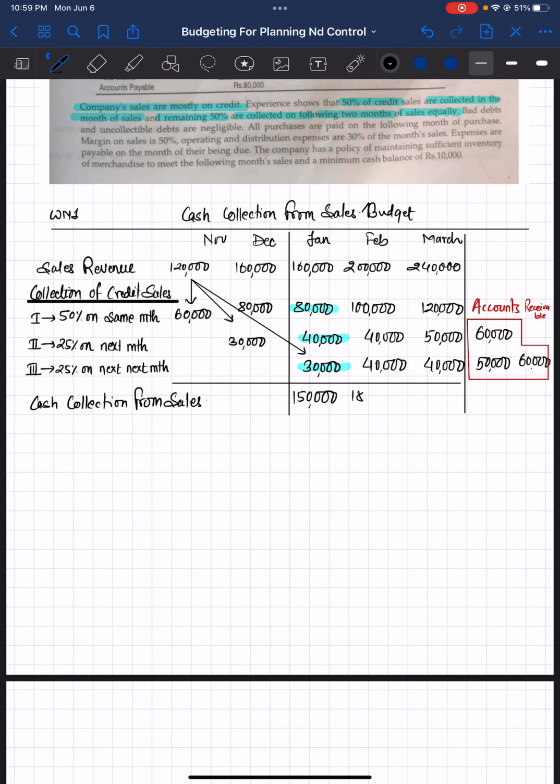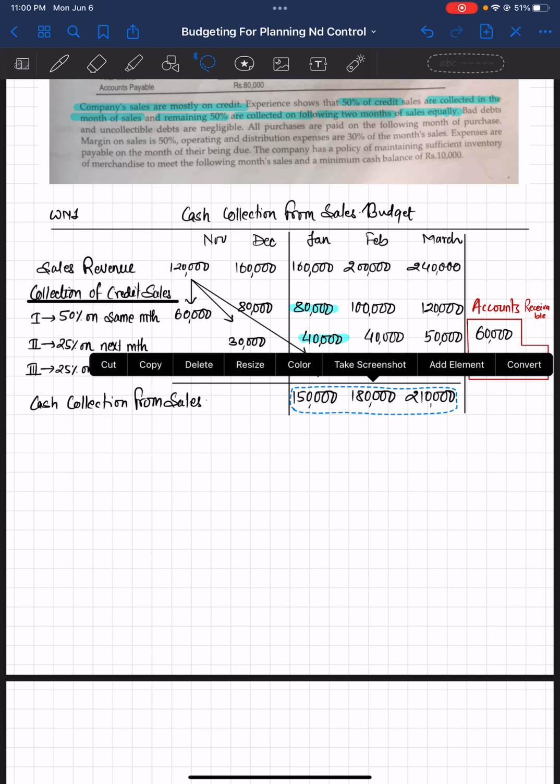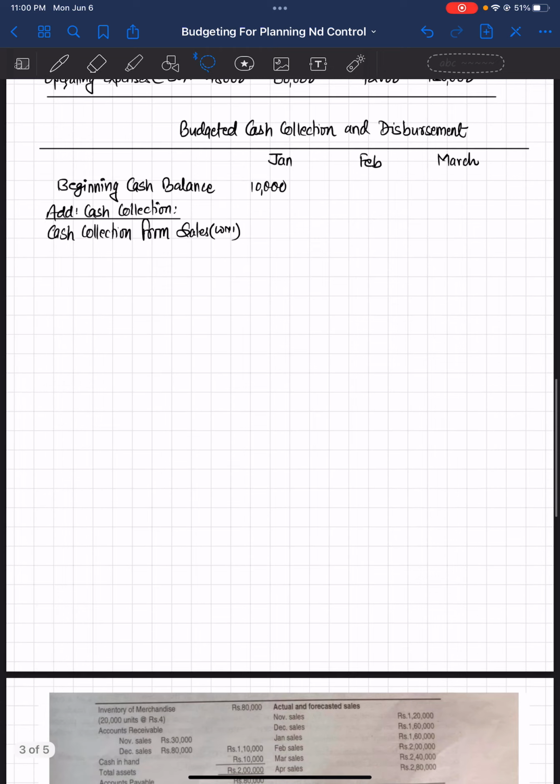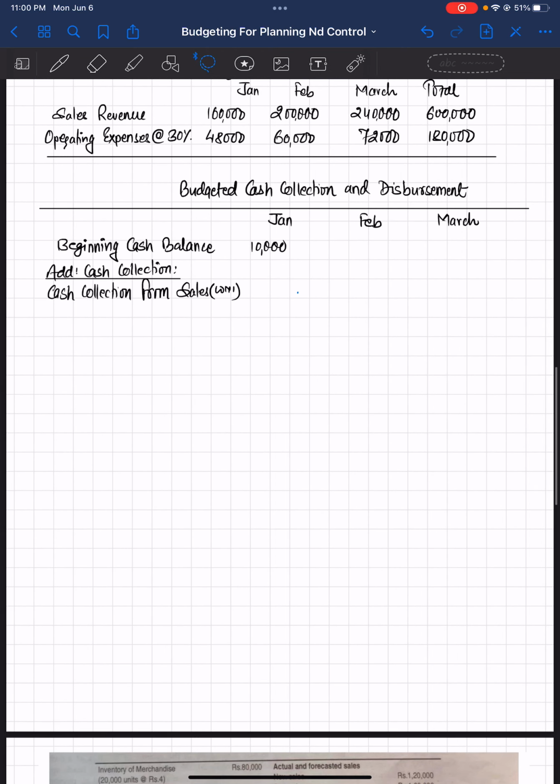So this is going to be 180,000. That is going to be 120,000, 50,000, and 40,000. So that's going to be 210,000. All right. So simply, these are the amounts of the cash collected for the month of January, February, and March, right? So we get this amount over here in our cash budget, right?